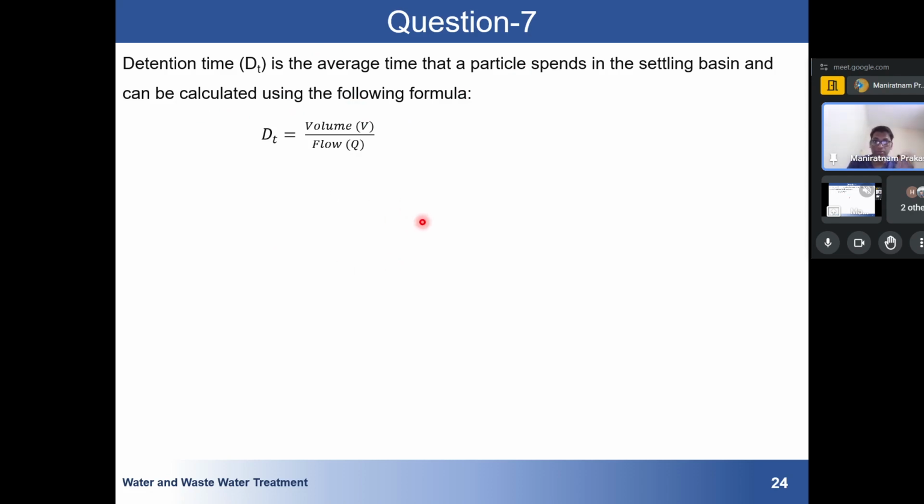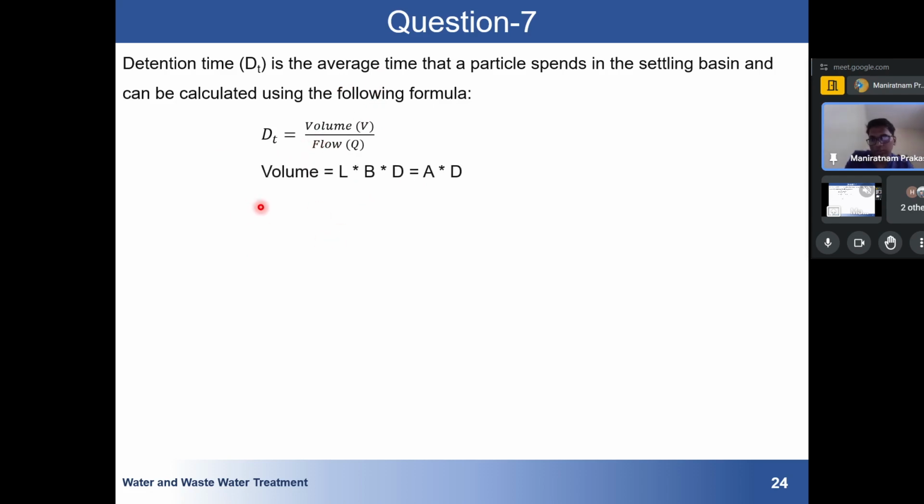This formula is very clear to you: our settling zone has some volume V. Water will remain there for some time, and that can be calculated with the help of volume divided by the flow at which water is coming into our system. So that's why detention time is given as V by Q.